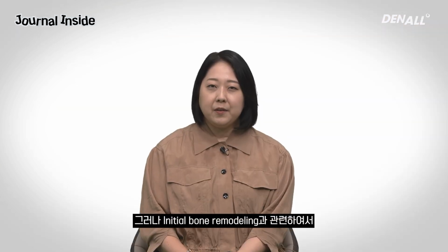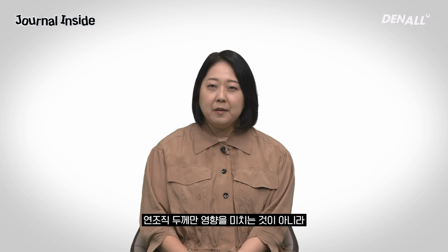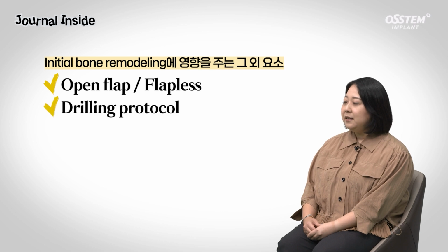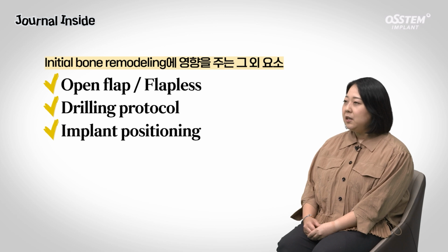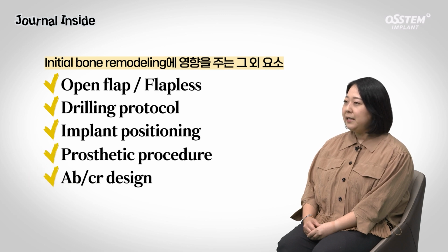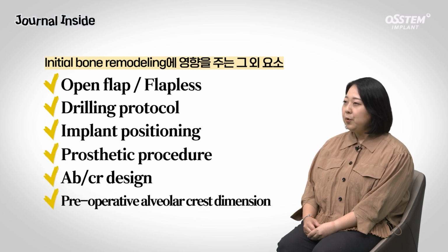However, initial bone remodeling can be affected by not just thickness of soft tissue, but also other various factors. Flap opening or flapless approach, drilling protocol, implant positioning, the prosthetic procedure, crown design, and pre-operative alveolar crest dimension can all impact the results. Here, soft tissue thickness can be added as another factor.